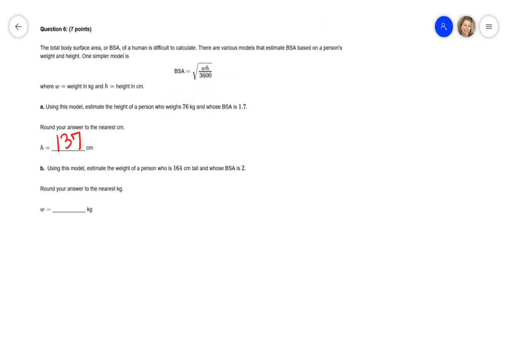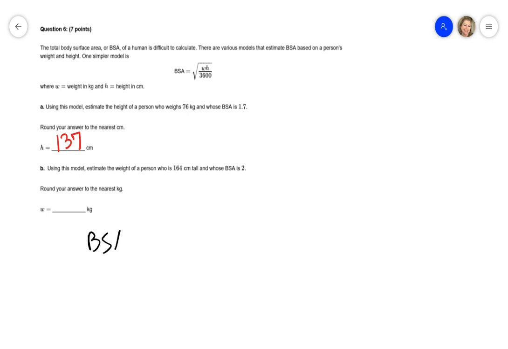Now I'm going to move on to part B. Using this model, estimate the weight of a person who is 164 centimeters tall and whose BSA is 2. I'm doing the exact same thing, except this time I'm going to plug a number into H and solve for W. So I think I'll start over here this time.